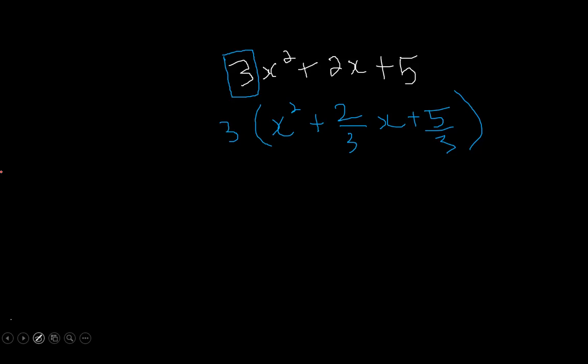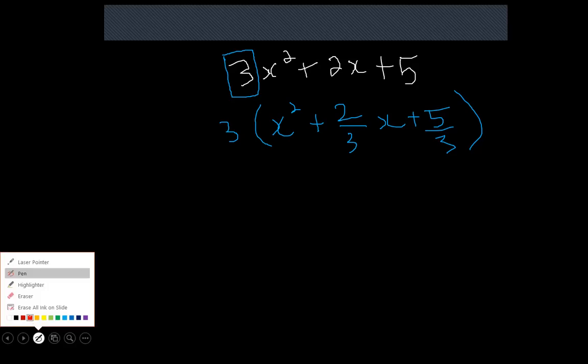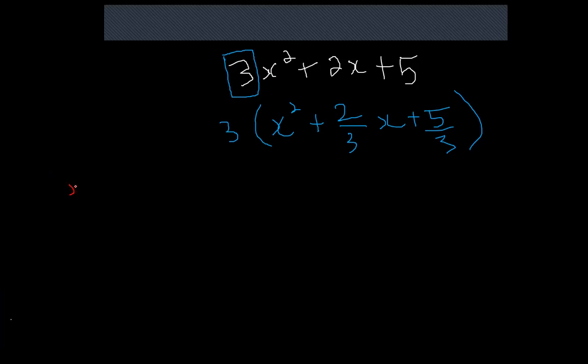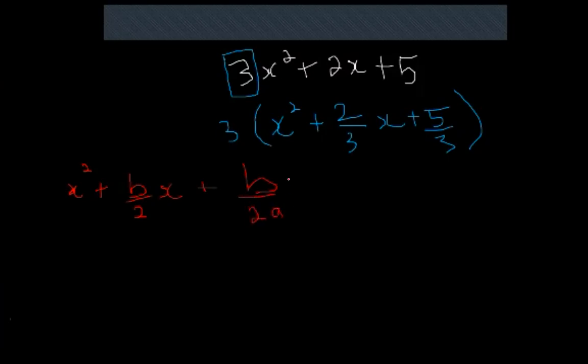All right, let's continue. So this is the rule for this one, which is a headache. It's x squared plus b on 2a x plus b on 2a squared, oh gosh, minus b on 2a squared plus c.